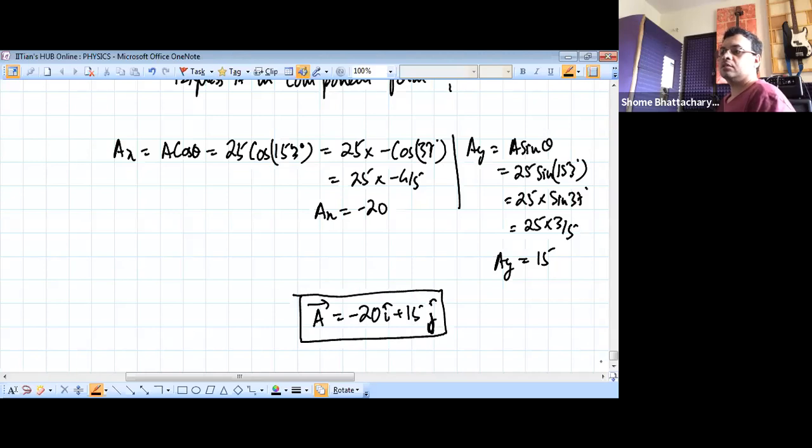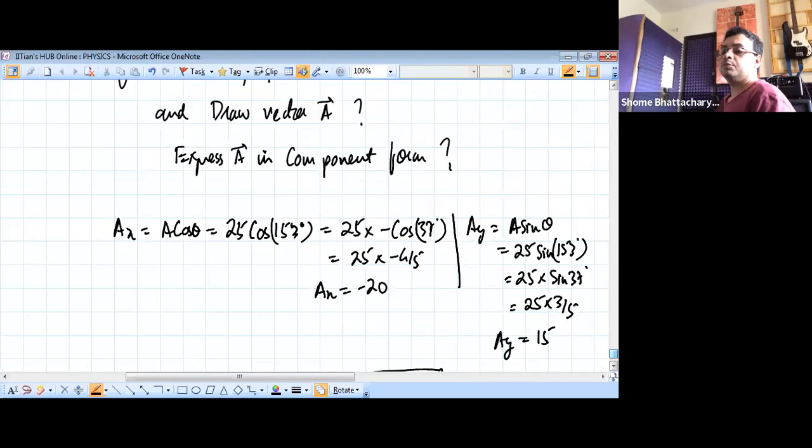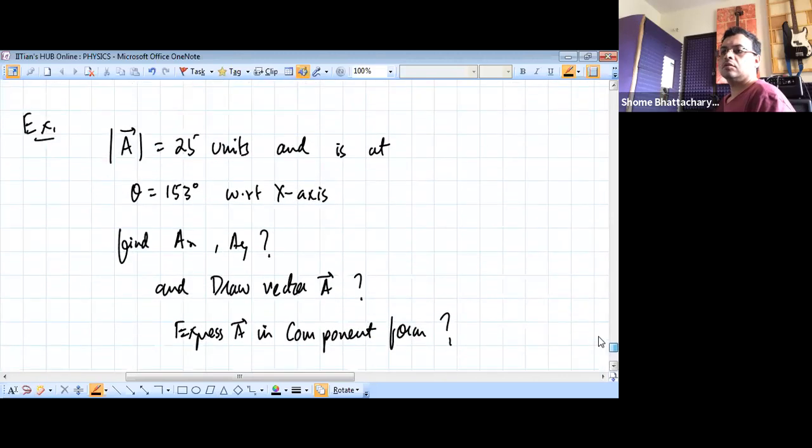Oh, my mistake. People, take the angle as 143. I gave you the wrong angle by mistake. Take the angle as 143 degrees. Then you will get this. Make a correction here.